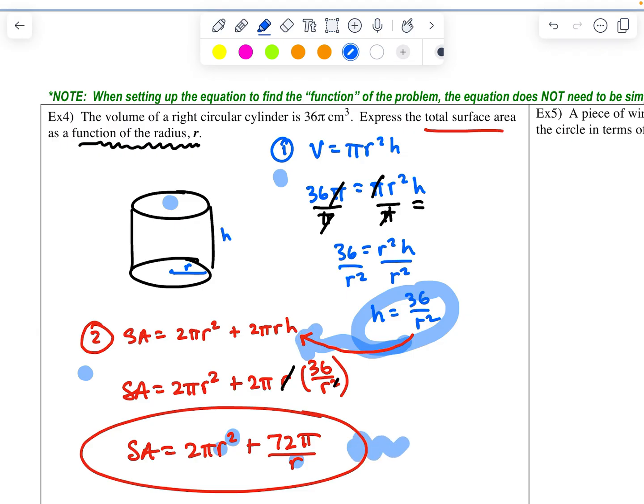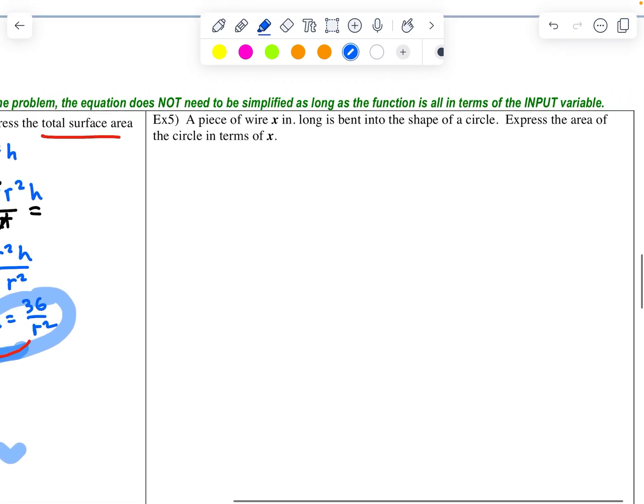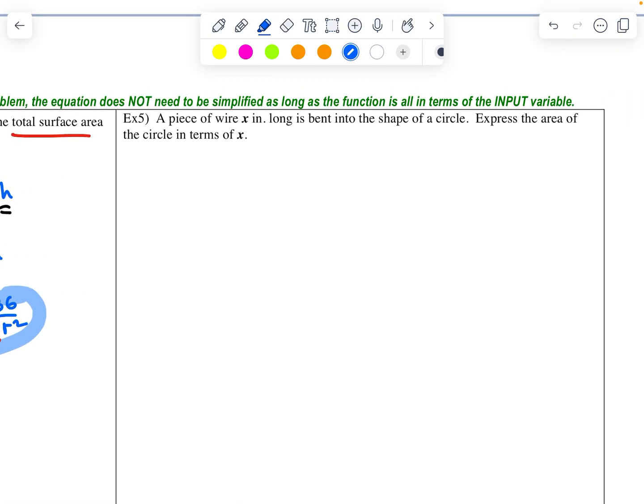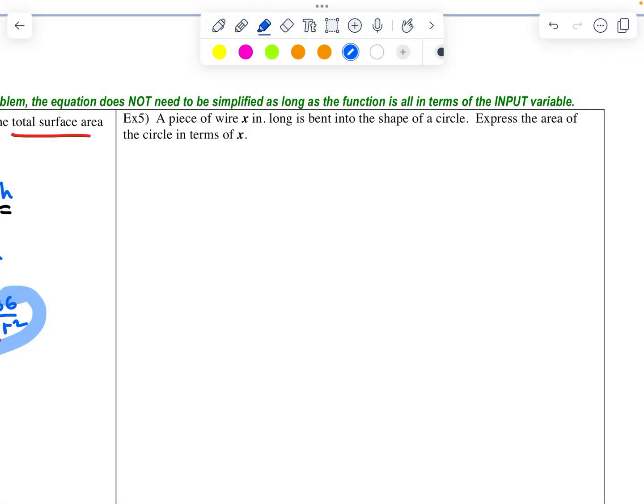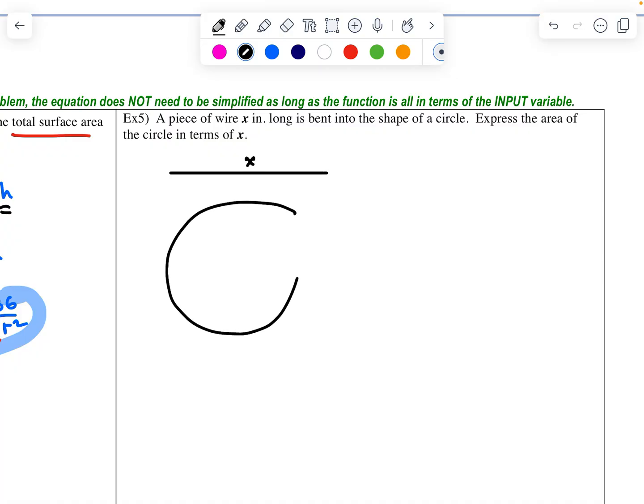Last one. A piece of wire, x inches long, is bent into the shape of a circle. What you need to understand is that here's your wire. It is x inches long. When I bend it into the circle, that x now represents the circumference.